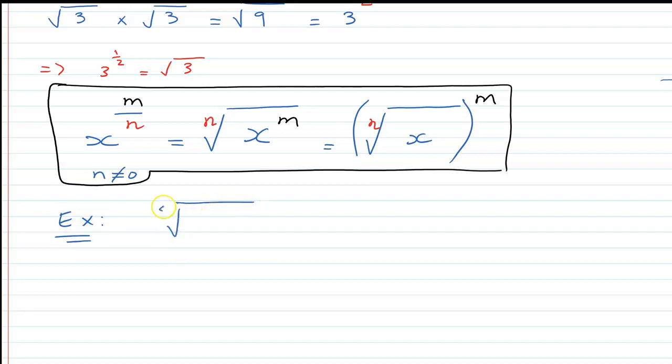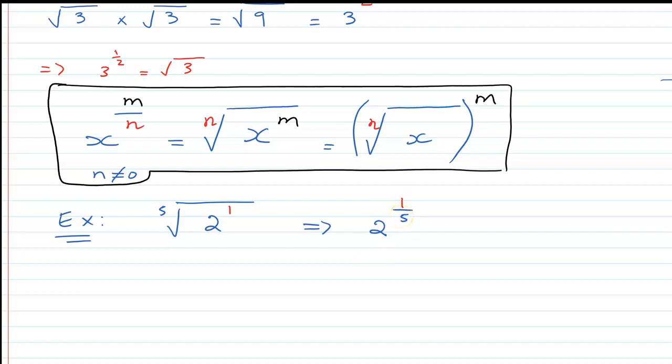So let me give you an example. If I ask, the fifth root of 2, can you change that to the exponential form? That would be 2 to the power of, the 1 is the exponent, so 1 goes on top, and then 5 is the denominator, so it will be 2 to the power of 1/5.